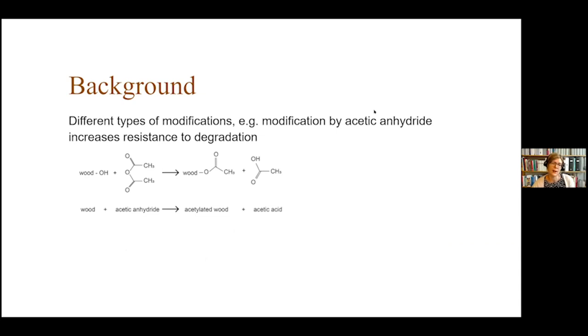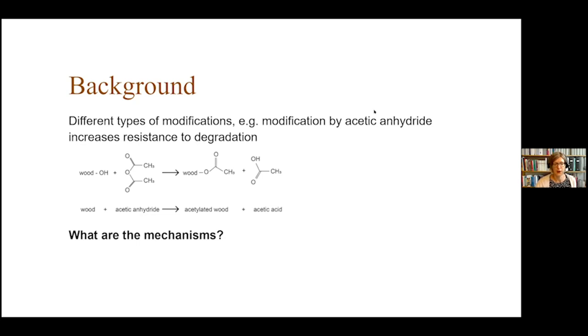We know that acetylation decreases the cell wall moisture content, which could be a mechanism, but we also know that acetylation changes the interaction between wood and the water in cell lumina. But we don't know what the exact mechanisms are that make this such an effective measure to prevent the wood from degradation.